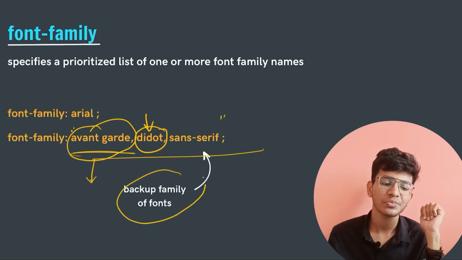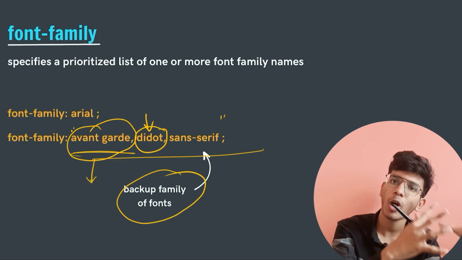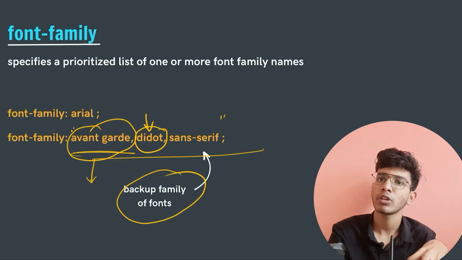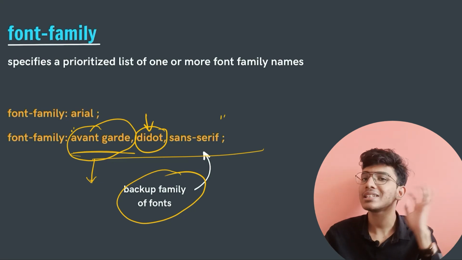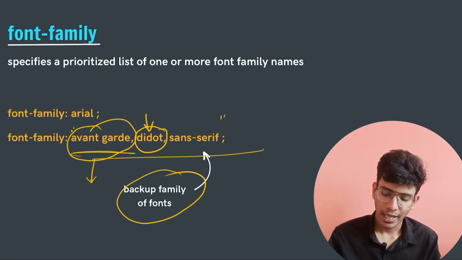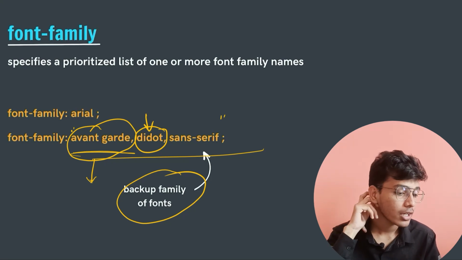And this thing is known as backup family. If the first font is not working, then second will work. If the second is also not working, then the third will work. Like this we have font family.